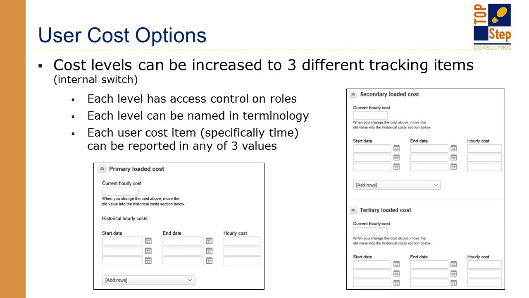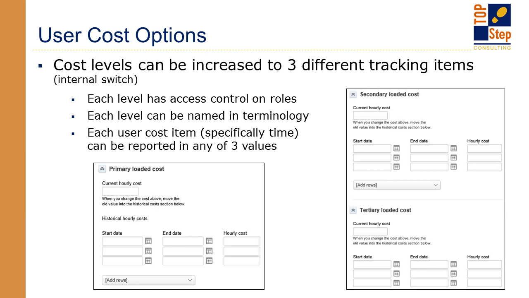But you may have other team members, like project managers, that you would like to have access to a level of cost for project margin or reporting, but not necessarily see an employee's actual cost. You can use the secondary cost level and have that be more of a blended rate based on roles or groups.